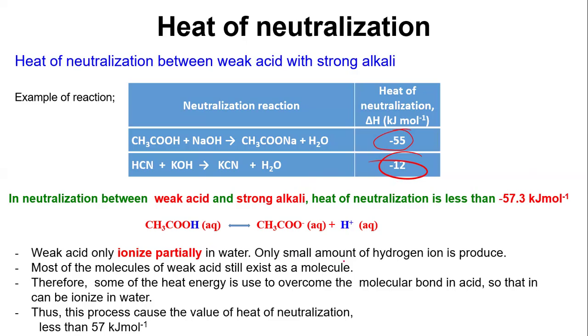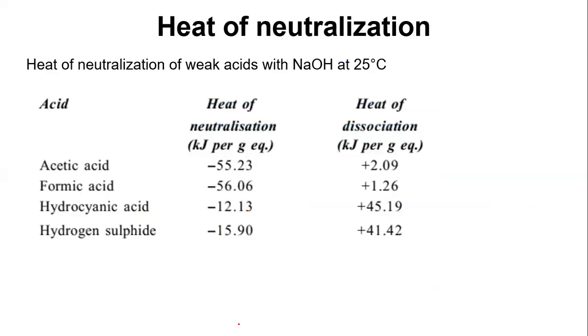Only a small amount of hydrogen ions is produced. Most of the molecules of weak acid still exist as molecules. Therefore, some heat energy is used to overcome the molecular bond in the acid so that it can be ionized in water. Thus, this process causes the heat of neutralization to be less than 57 kilojoule per mole. That is that for that.